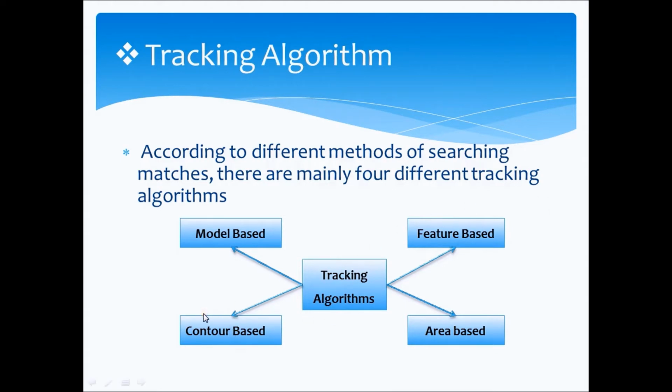Object contour-based moving object tracking: the basic idea is to describe the contour of the tracking target using the snake curve. And finally the area-based moving object tracking. This method extracts the area where the object appears at initial time, and this area is used to do the matching in the following image sequence.